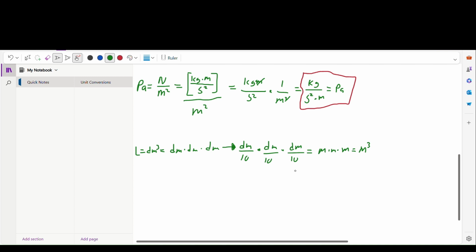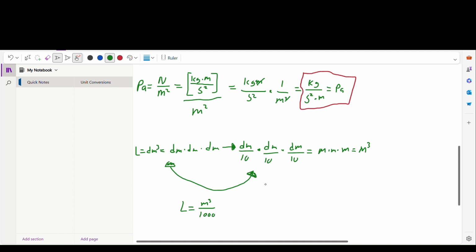So this conversion right here is divided by 1,000. So what you can do with this piece of information as well as this piece of information is you can imply that a liter equals a meter cubed divided by 1,000.